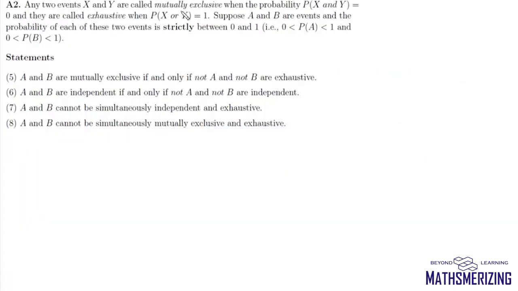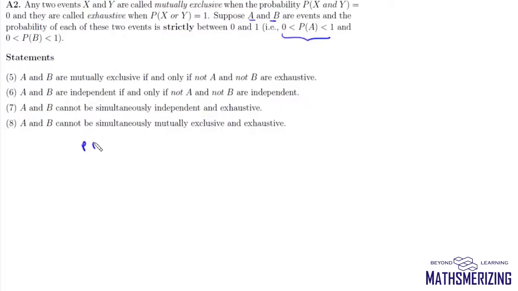Now question number 2 is, we are given 2 events A and B, and the probability of A and B strictly lie between 0 and 1, then which of the following statements is or are true? Now this first one is A and B are mutually exclusive if and only if not A and not B are exhaustive. So we are given that A and B are mutually exclusive.